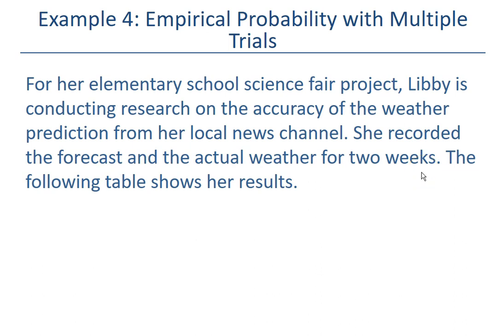So 2 weeks, 7 days a week, there are going to be 14 events, and the following table shows her results. And if you're taking any science course, you realize this is the tie-in with science. You have your empirical experiment, you have your data, and then what are your conclusions based on the data, and depending what you're looking for.